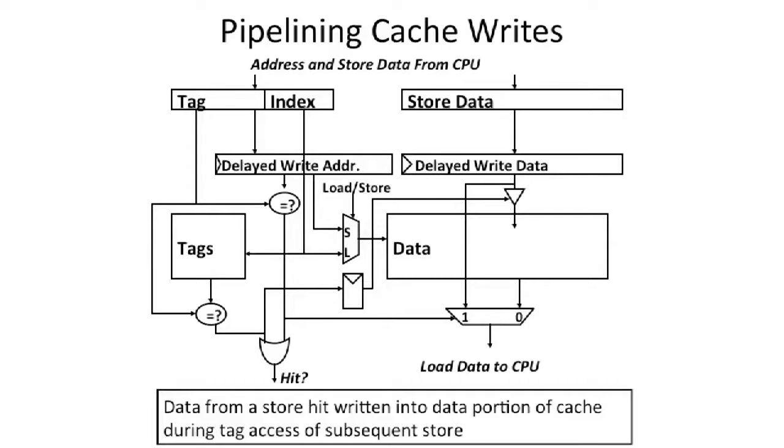One thing I did want to point out is this is the naive way to do this. More advanced processors will typically have a multi-entry version of these delayed write data buffers, because caches are usually pipelined inside the cache too. It might take multiple cycles to actually access the data array, so you might not do this till the end of the pipe.